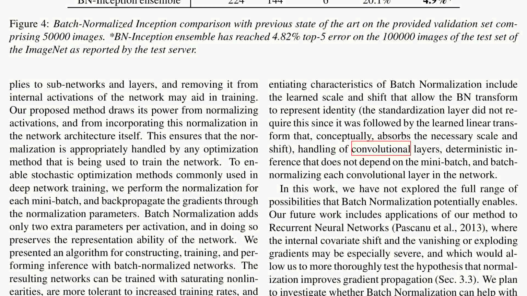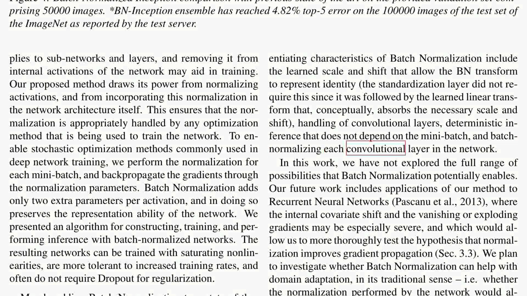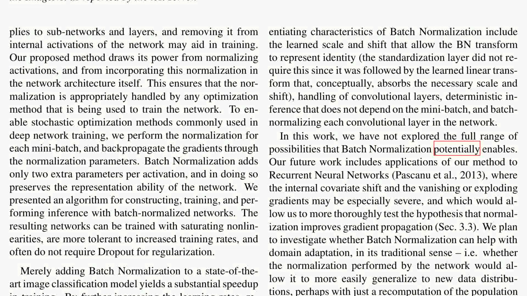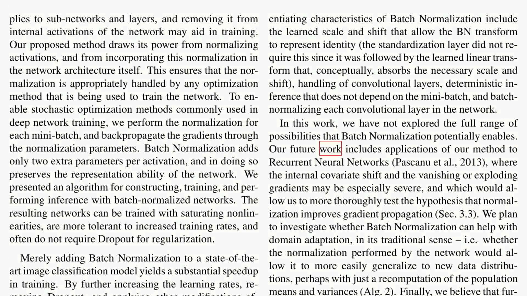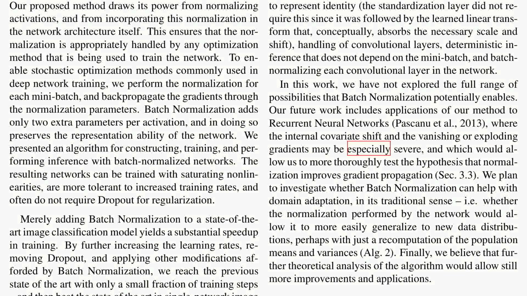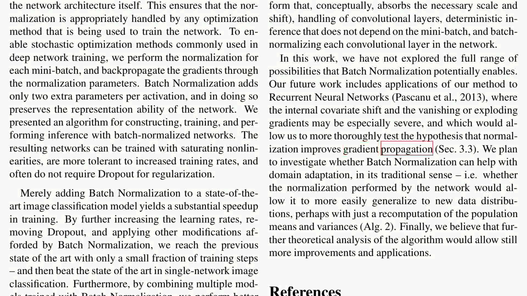Handling of convolutional layers, deterministic inference that does not depend on the mini-batch, and batch normalizing each convolutional layer in the network. In this work, we have not explored the full range of possibilities that batch normalization potentially enables. Our future work includes applications of our method to recurrent neural networks, where the internal covariate shift and the vanishing or exploding gradients may be especially severe, and which would allow us to more thoroughly test the hypothesis that normalization improves gradient propagation.